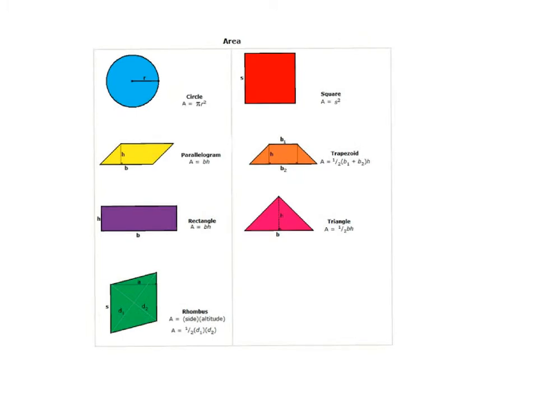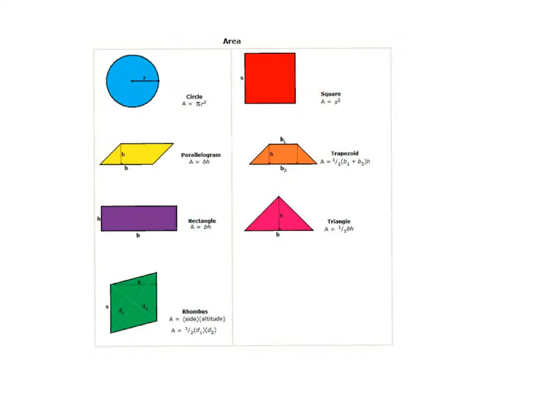Here are some area formulas that you're going to need to know. Most of the time when you're dealing with quadrilaterals, or shapes with 4 sides, you multiply the height times the base. That height might look a little bit different depending on the shape.